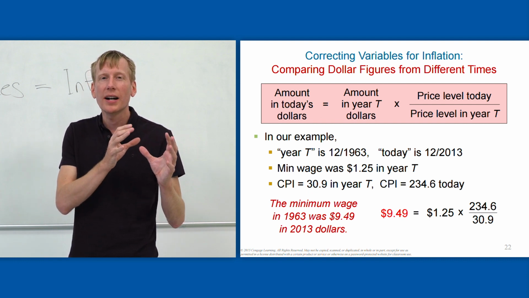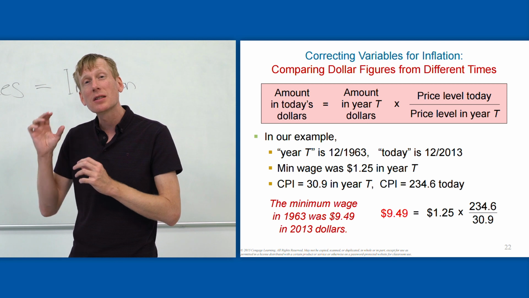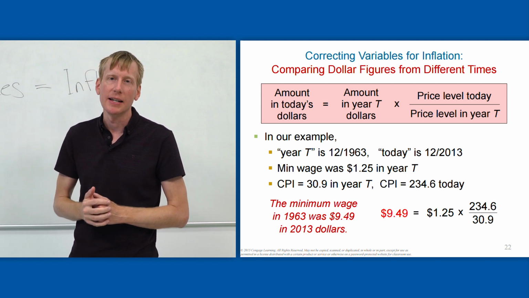Is $7.25 larger or smaller than $1.25 times the ratio between those CPIs?